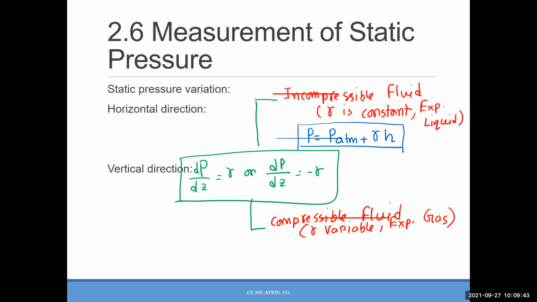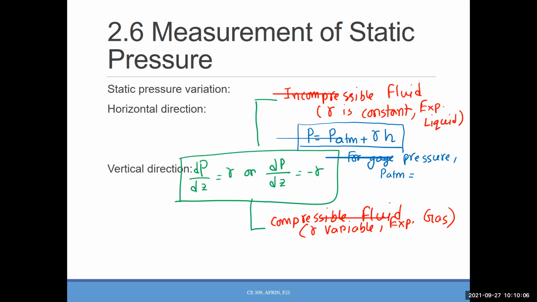So P equals P atmospheric pressure plus gamma H. And for gauge pressure, what is the value for P atmospheric? For gauge pressure, P atmospheric is what? Absolute plus.